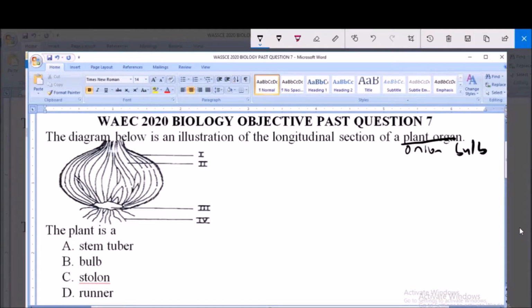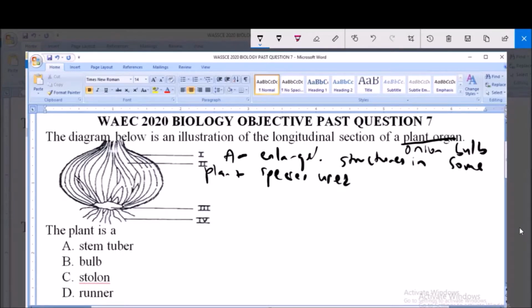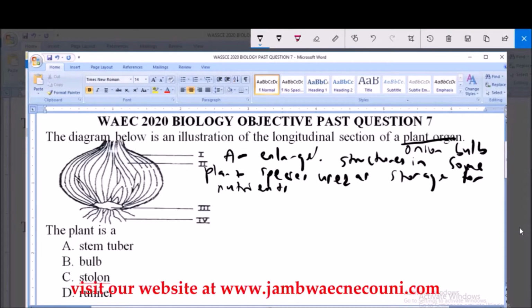Now, a stem tuber, which is option A, refers to enlarged structures in some plant species used as storage for nutrients. An example is yam.